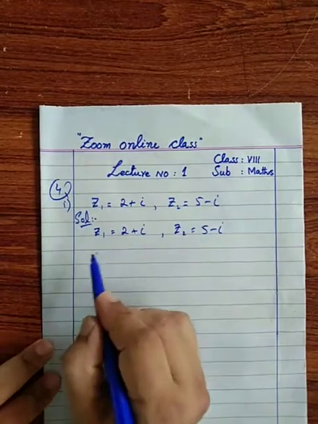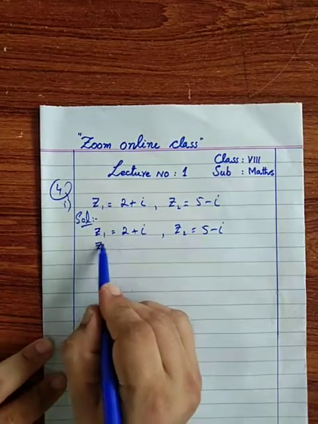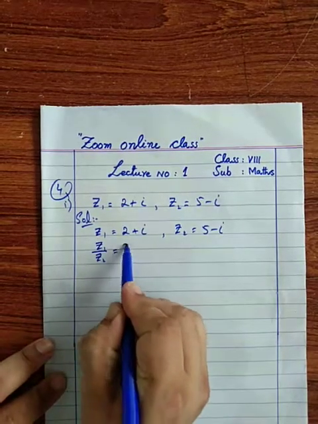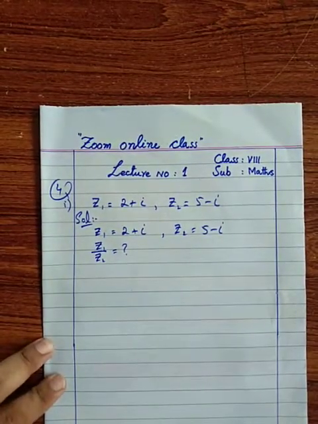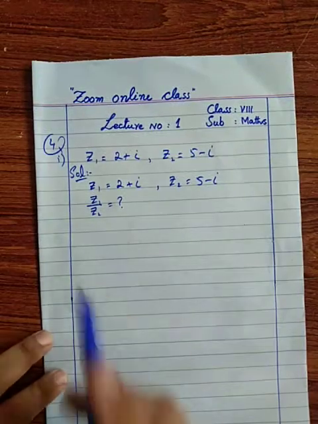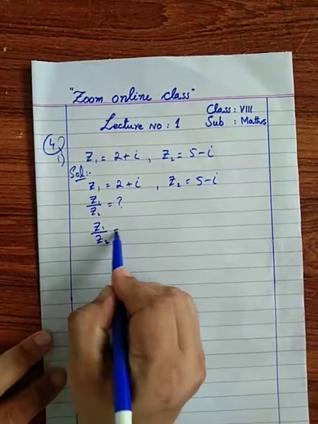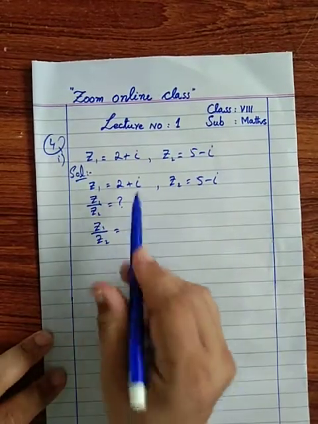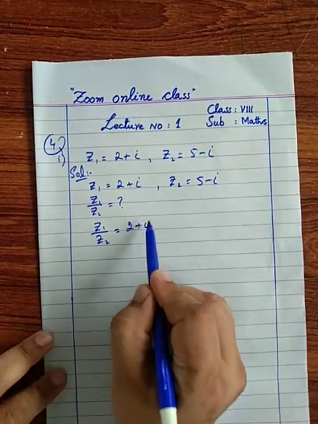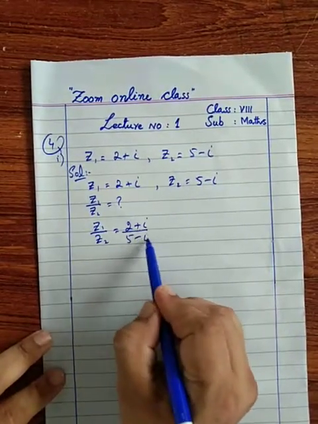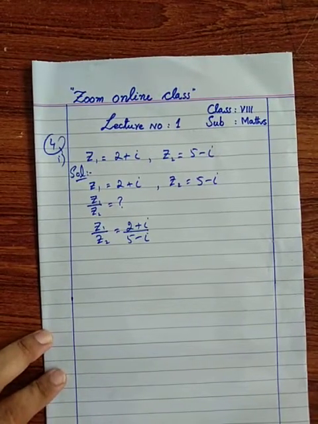What do we require here? Actually we need to divide the first complex number by the second. So we put here the values of Z1 and Z2. The value of Z1 is 2 plus iota, and the value of Z2 is 5 minus iota.